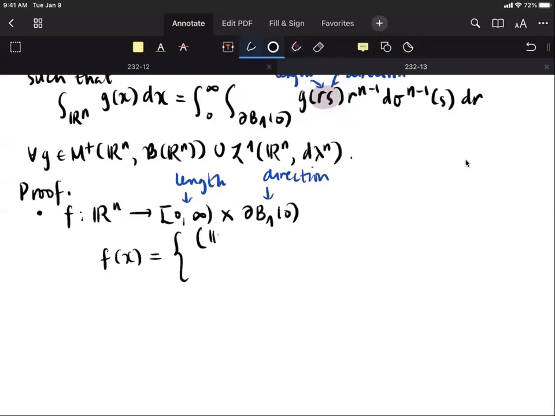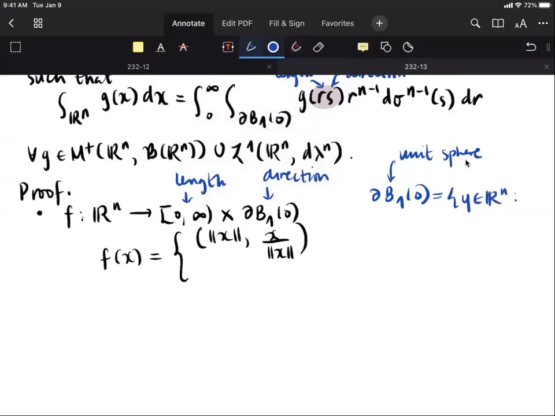So the length of this vector would be the norm, and the direction would be this one. So take note that this is a unit vector, the second component. So therefore, it lies on the unit sphere. So this is again the set of all vectors, let's say y in R^n with magnitude 1. This is piecewise, of course, if x is not 0.